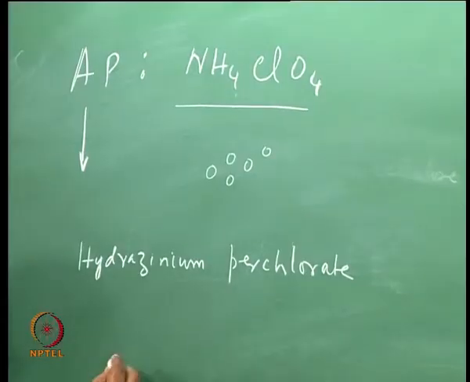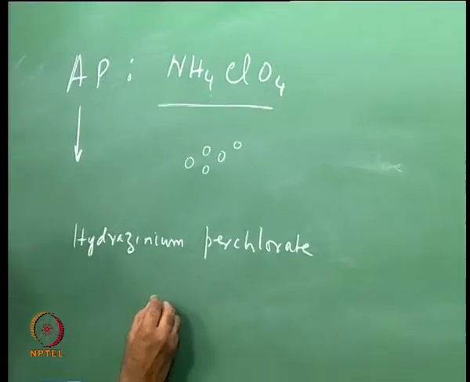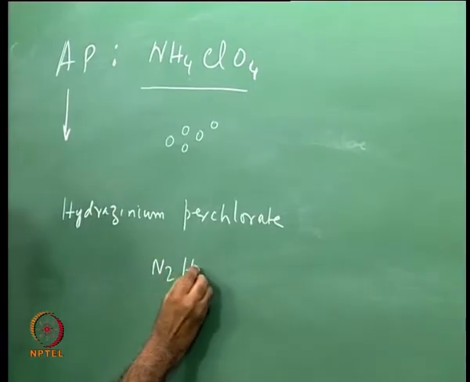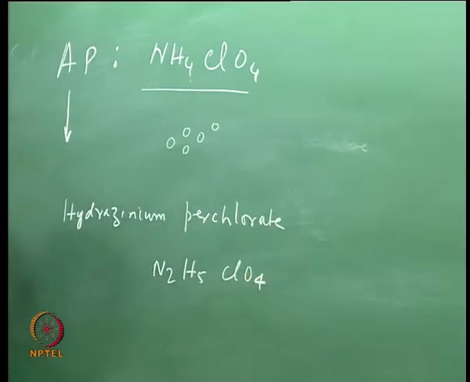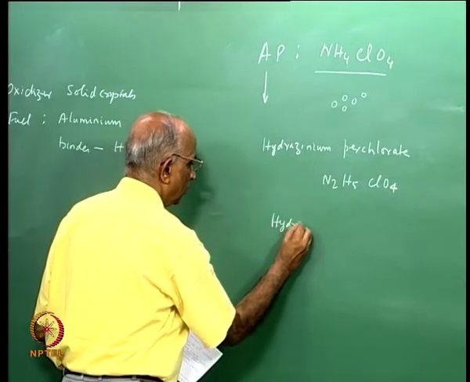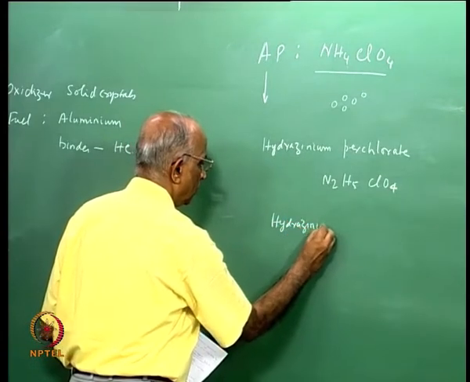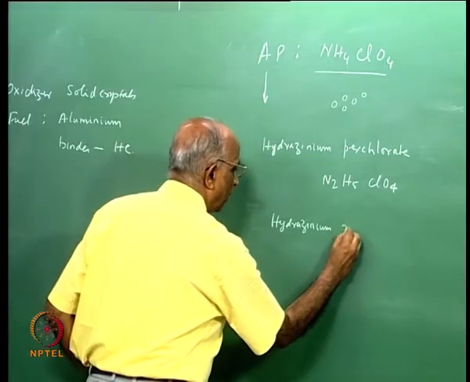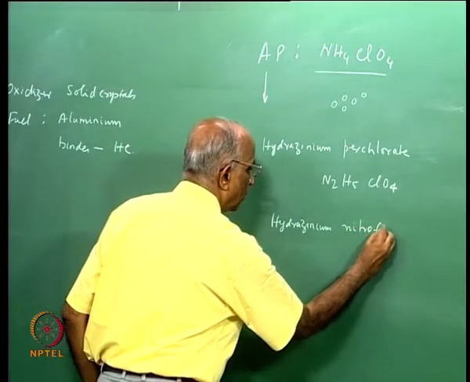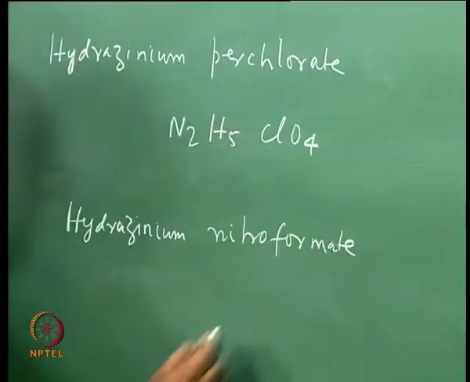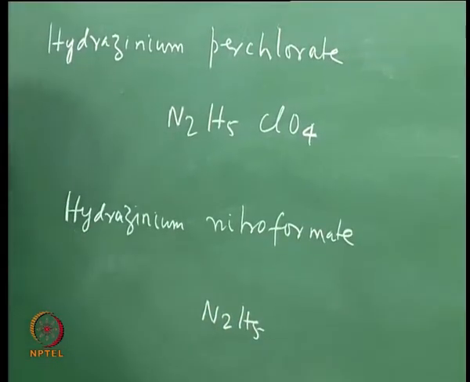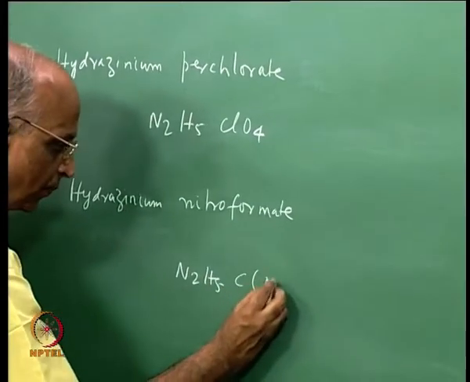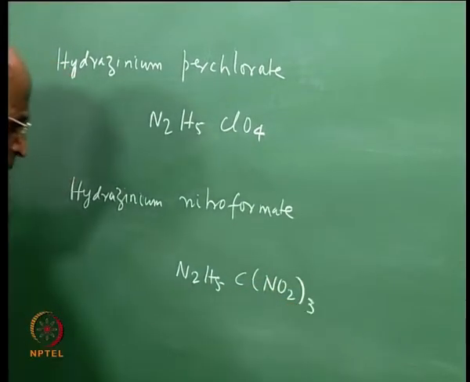Yes, it should contain some hydrazine, that means it should be N2H5ClO4, and another one which is hydrazinium nitroformate, and the formula for this will again be hydrazinium N2H5 into C(NO2) 3 times.